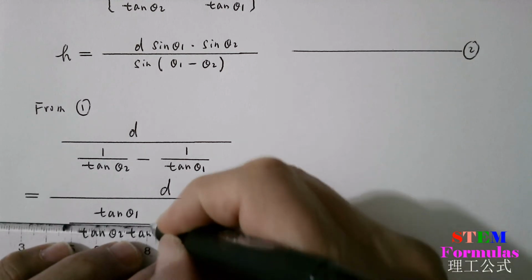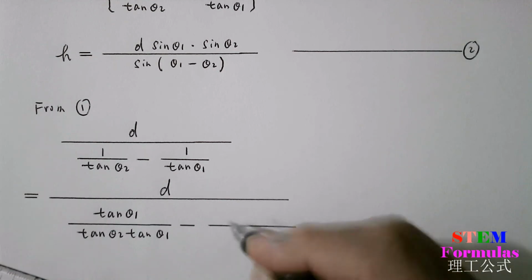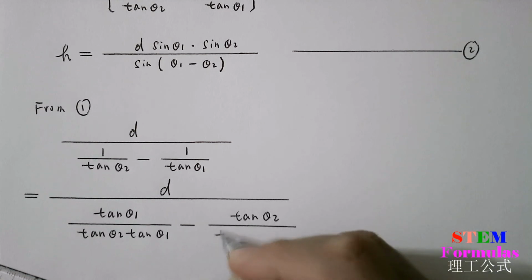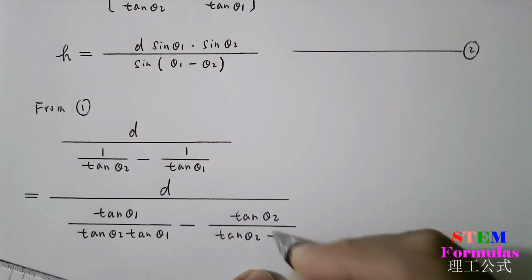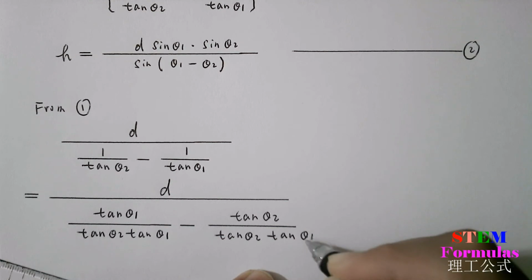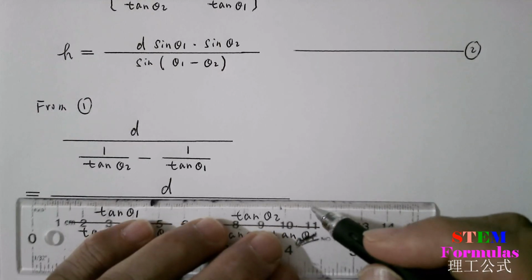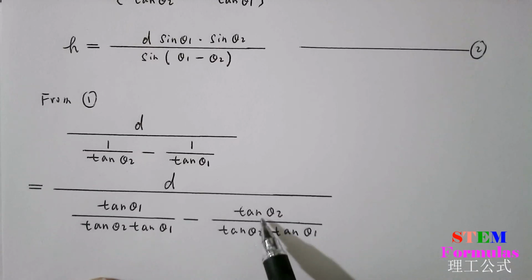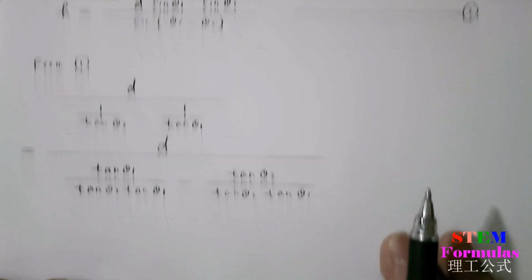For the second term, I multiply by tangent theta 2 and I divide by tangent theta 2. So I return to this expression, 1 over tangent theta 1.